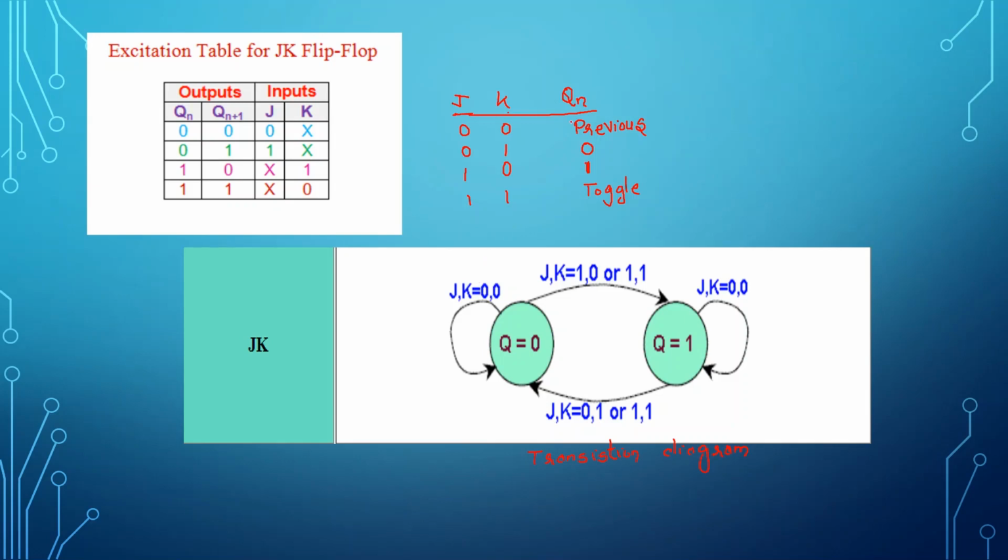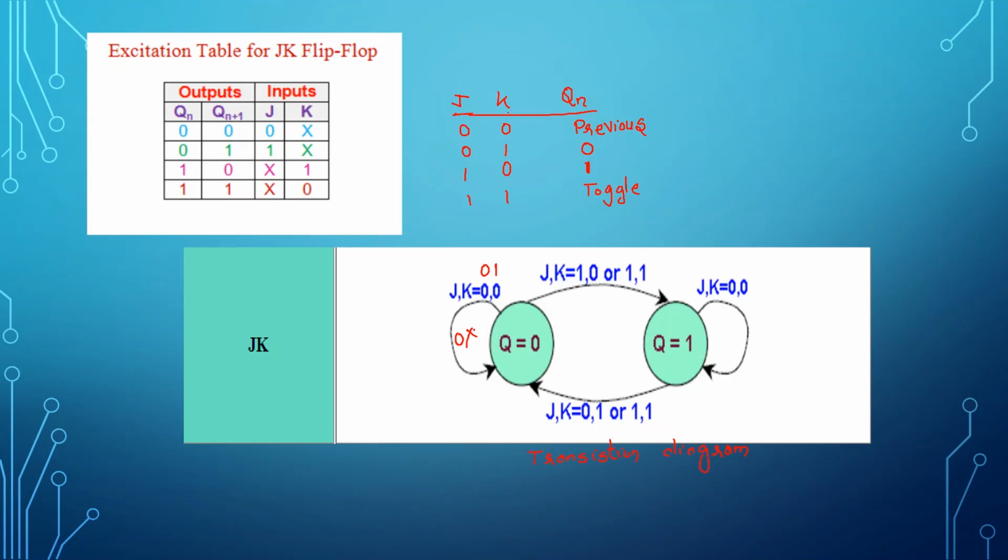You can either give the input as 0 0, or 0 1. If you give 0 0, it will retain the same value, or if you give 0 and 1, it will show an output of 0 itself. In general, the input can be 0x.